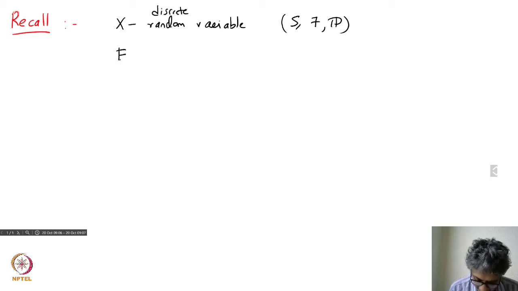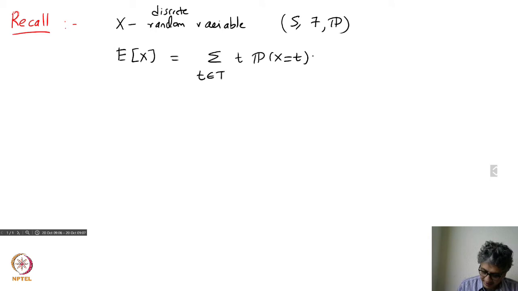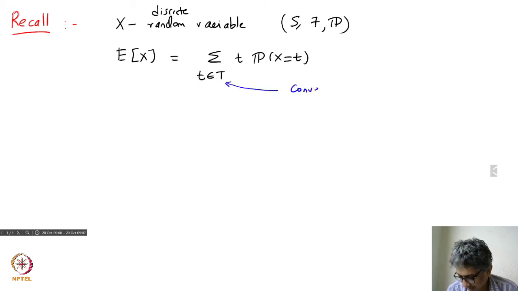For that we defined the expectation of X as the sum over t in T of the chance that X takes the value t, times t, if T is countable. Only if it converges absolutely, we say E of X is finite.